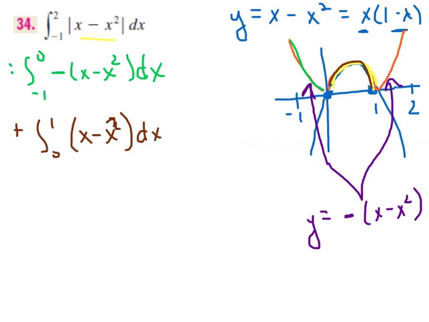And then this part over here. Again, it changed signs, so we're going from 1 to 2 of negative x minus x squared.